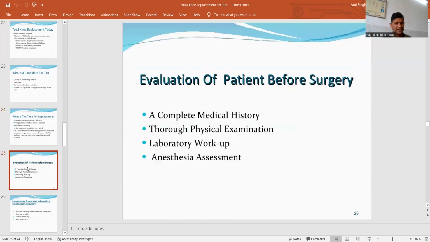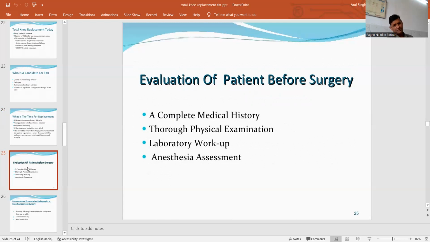Evaluation of the patient before surgery. As a standard protocol, a complete medical history should be taken in a proper manner. Thorough physical examination, clinical examination, evaluation of the knee, the particular joint, and associated joints.